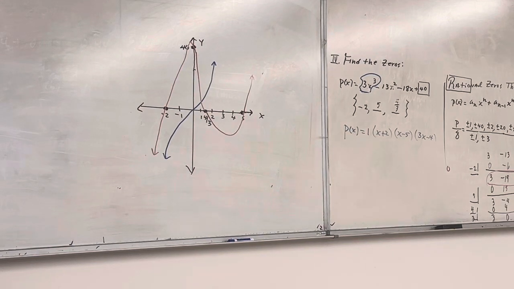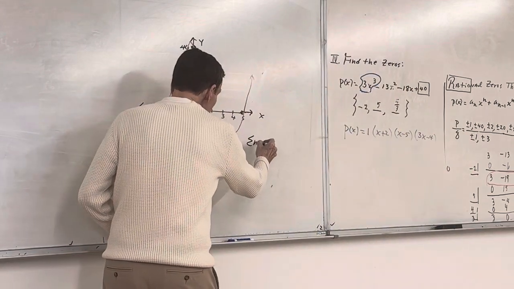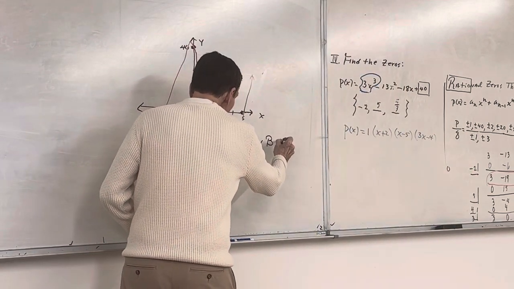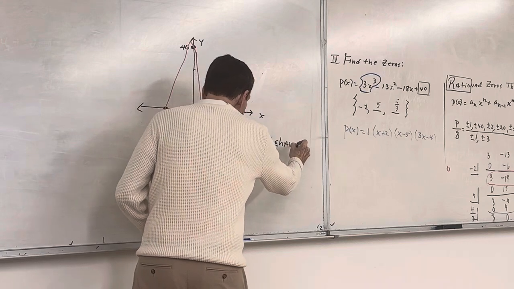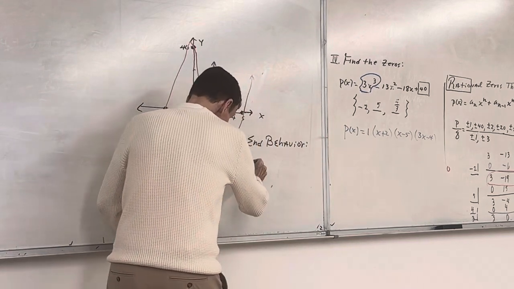Now, you step back, can you guys in the back see that red? Compare it to the blue, the parent graph, and the end behavior. So I'm going to jot down the end behavior right quickly before I forget. The end behavior. What's my graph doing on the end? I'm going to use the calc notation.